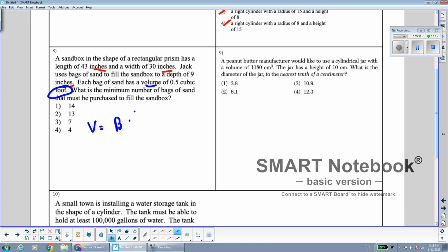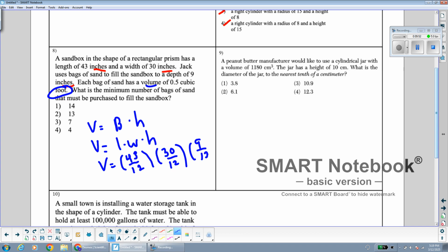So volume equals capital B times H. So volume equals length times width times height. 43 over 12, 30 over 12, 9 over 12.